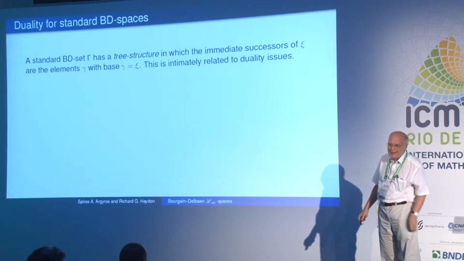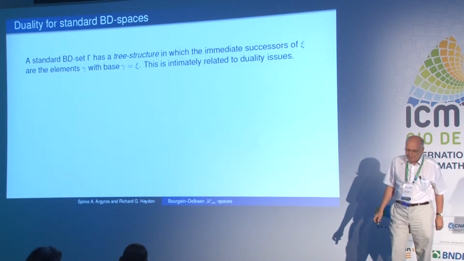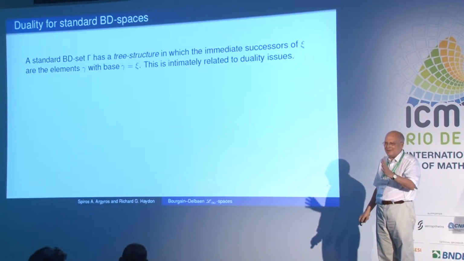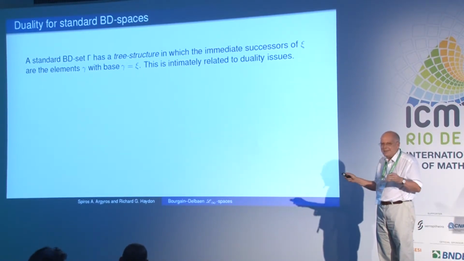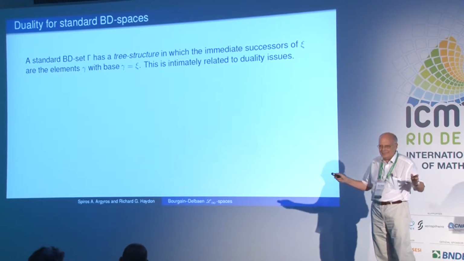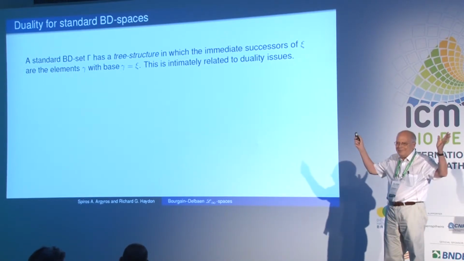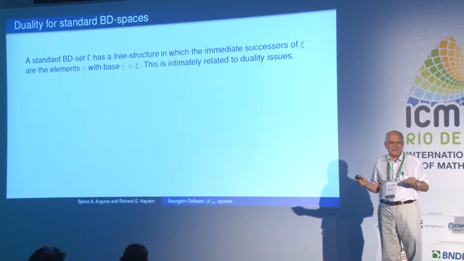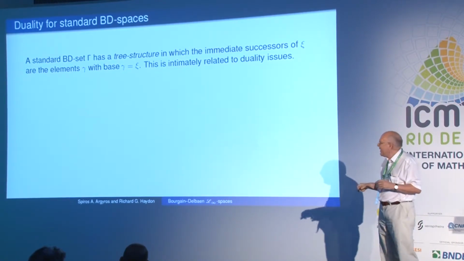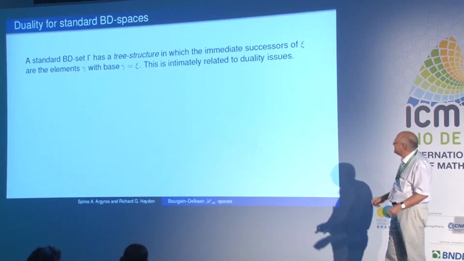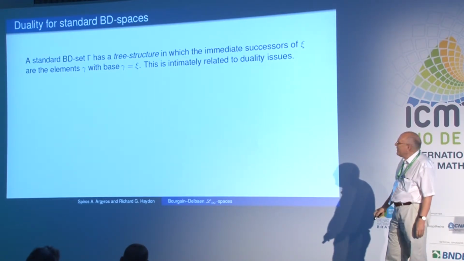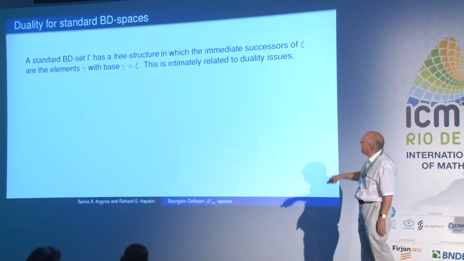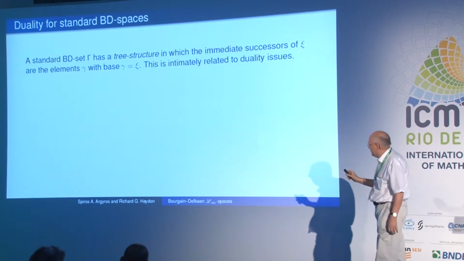So, what about duality? One of the issues with the general BD construction is that the dual could be separable, or it could be non-separable. And it's not easy just by looking at the C stars to know which one it's going to be. In this case, in the standard set, it's quite straightforward because you can equip gamma with a tree structure.